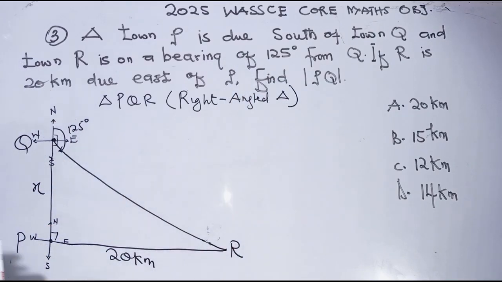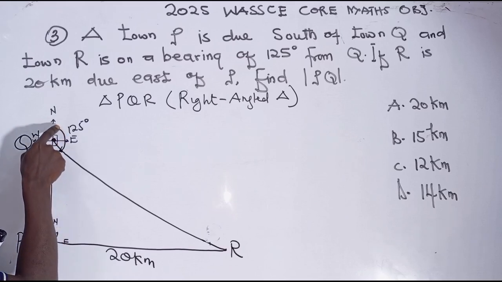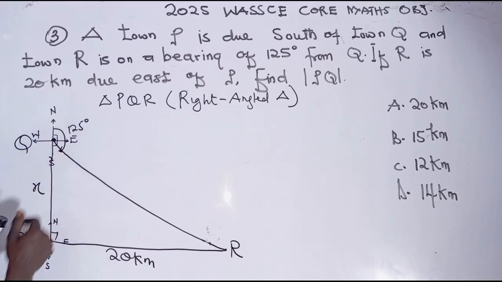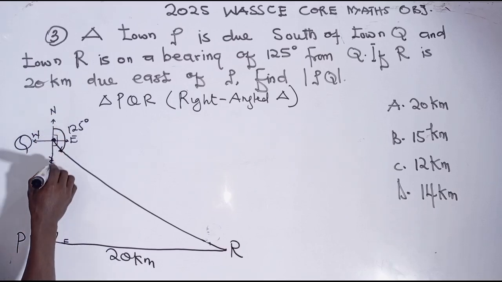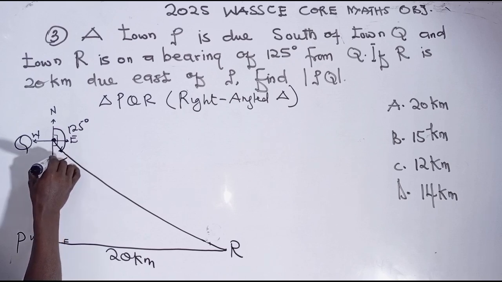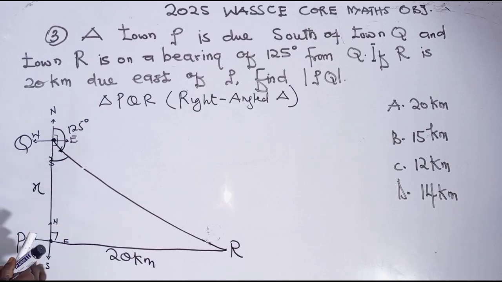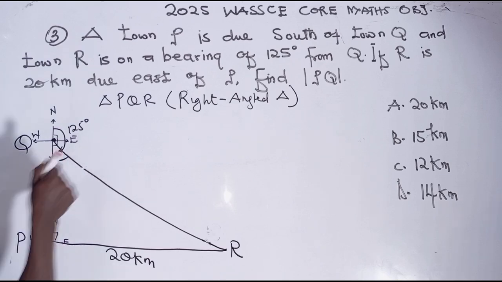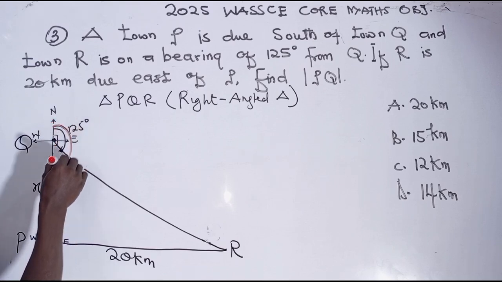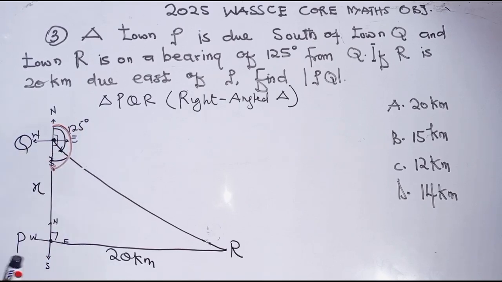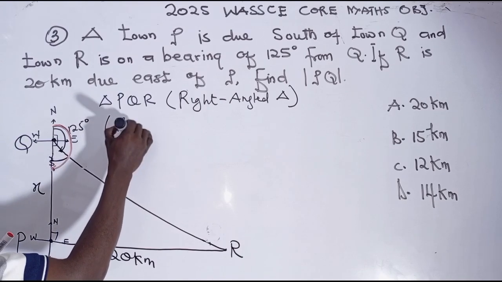Since we have a right-angled triangle, we can use the trig ratios to find any of the sides and any of the angles. Since we've been given the bearing from the north to this terminal line, it can help us to find the measure of this small angle. We know that the measure of the angle from the north to the south pole is 180.